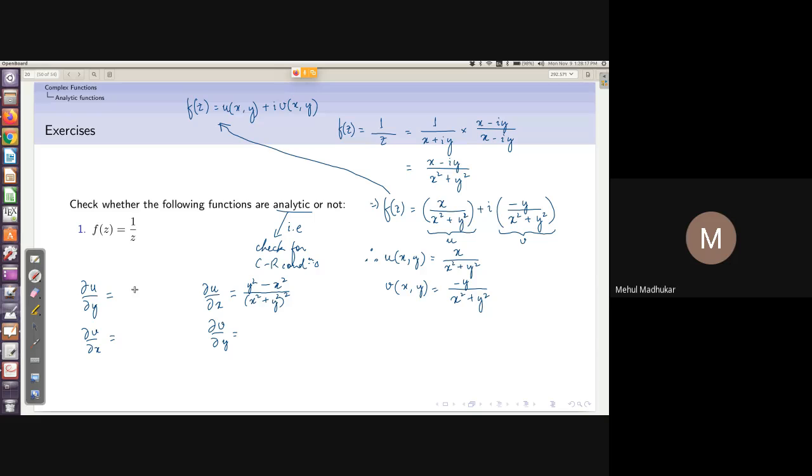Sir, it is minus 2y by x square plus y square whole square. Simplify it. Minus 2xy divided by x square plus y square whole square. You should get it like this. Minus 2xy, yes.